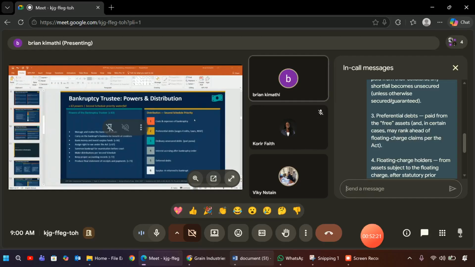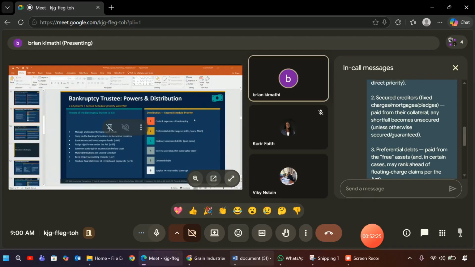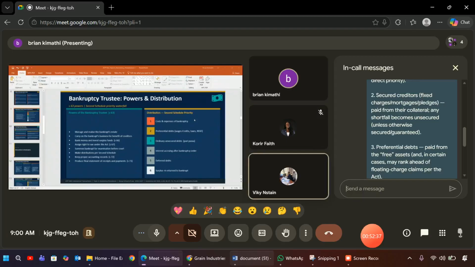Number 3, in addition to that filter, for you to be a secured creditor, you have to have gone through the MPSR process and been entered in the MPSR. Once the notice has been approved, when you generate an official search of that company or business, it has to show their encumbrances.